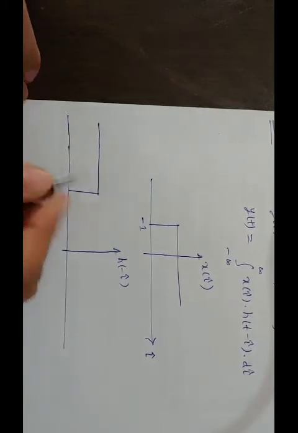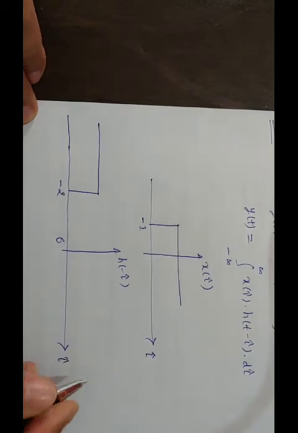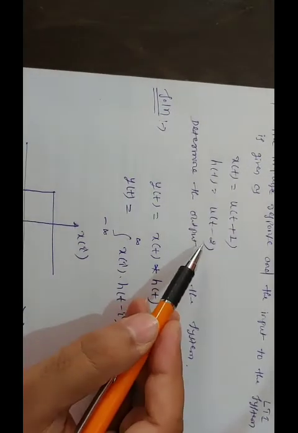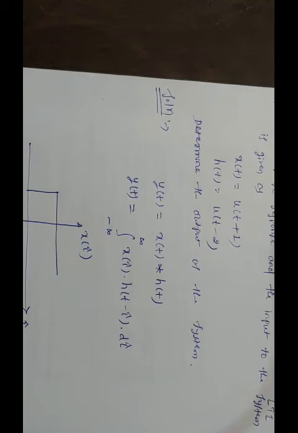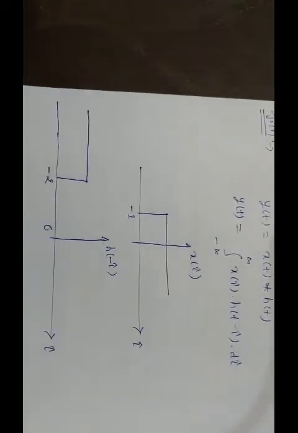It is at minus 2, 0 with respect to tau. Now the mirror image of that is nothing but my h of minus tau.